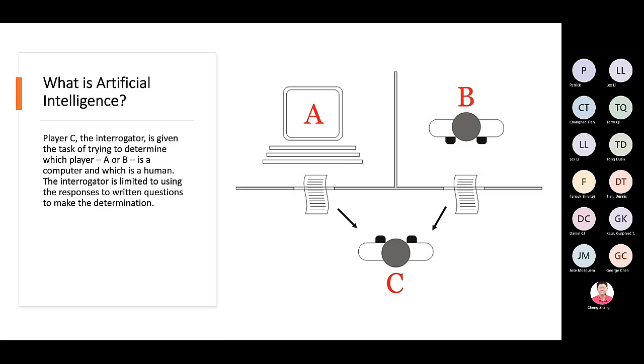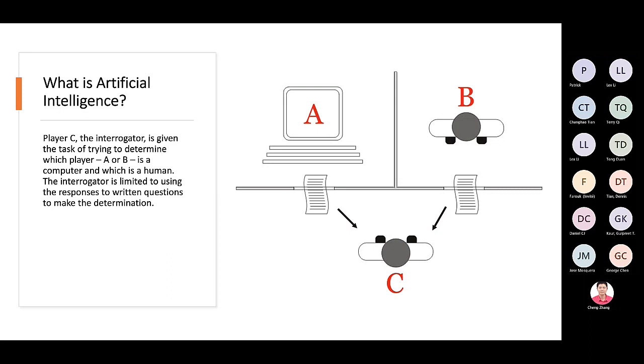And the role of C is like this. C will try to ask questions in written form and pass those questions into the two cells. The computer or the human will try to give answers to those written questions.